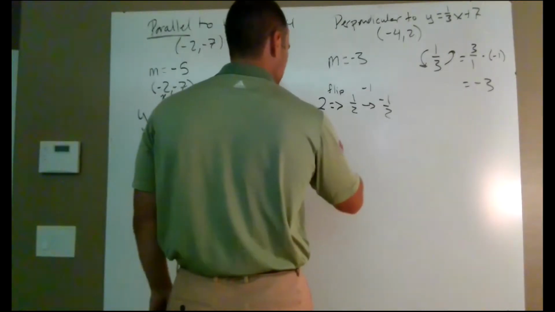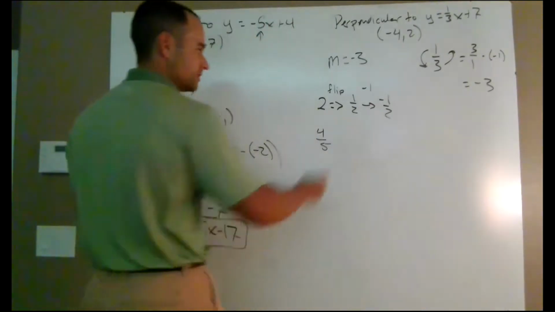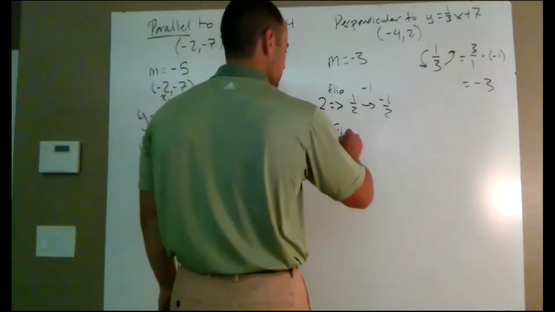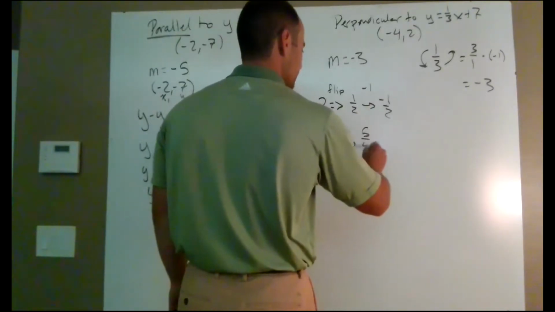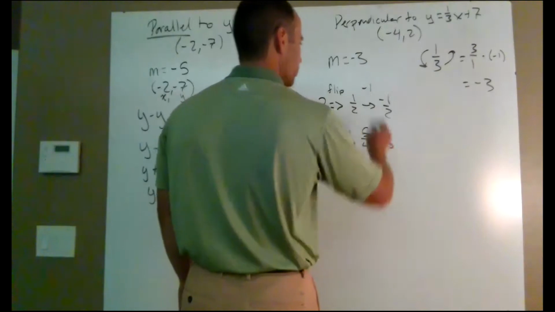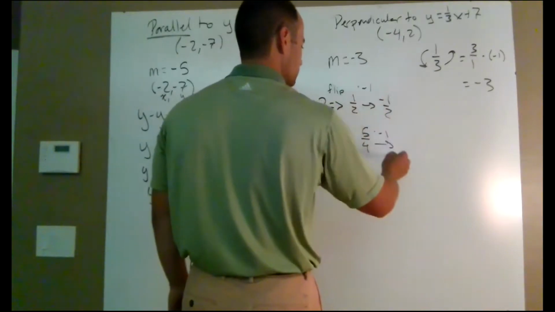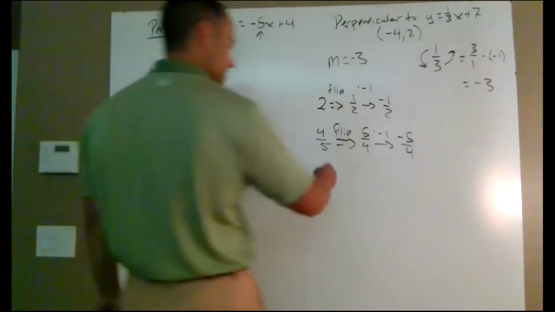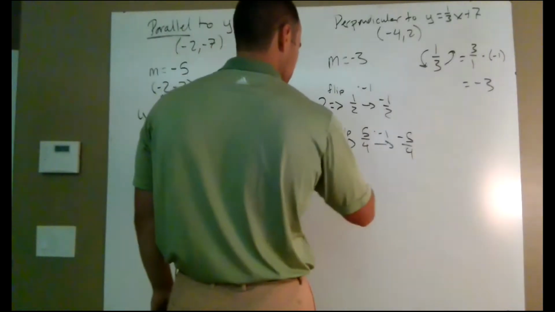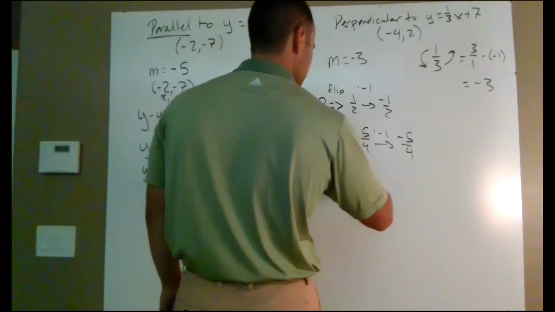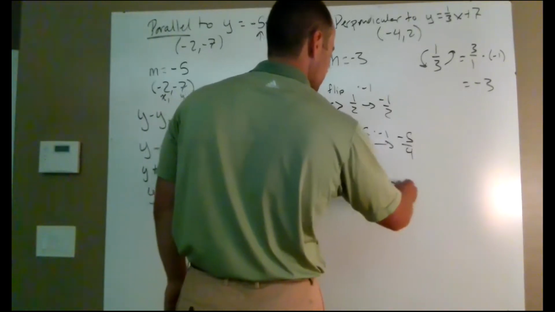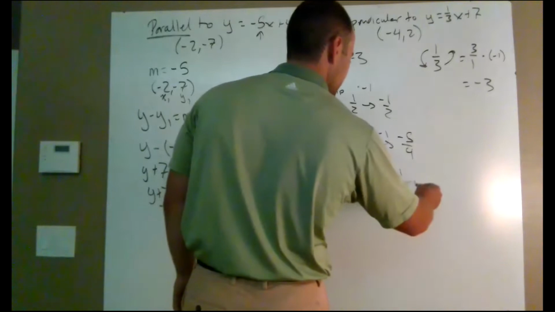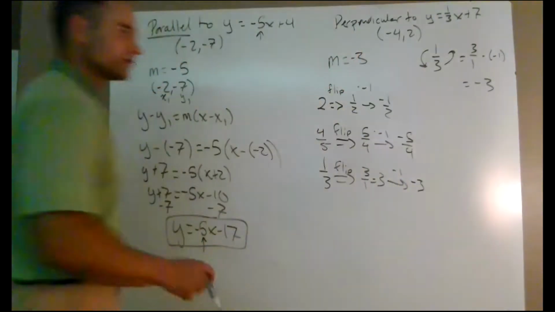If I have 4/5, I'm going to flip, that becomes 5/4, and I multiply it by negative 1, negative 5/4. So in this case, we had 1/3. We flipped it to 3/1, which is just equal to 3. And then we multiplied it by negative 1 to get negative 3.